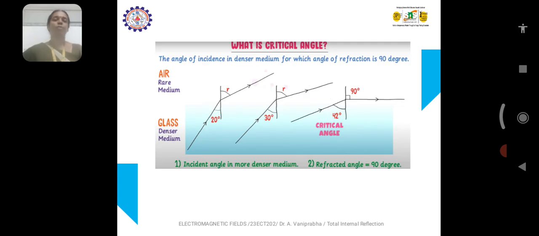And if we further increase the angle of incidence of the light ray in the glass medium, what happens? At one point, the refracted ray lies completely parallel to the boundary, which means it makes an exactly perpendicular angle with the normal line we have drawn here. That is shown in the picture clearly. So the angle of incidence at which the refracted ray becomes exactly parallel to the boundary, perpendicular to the normal, is called the critical angle.